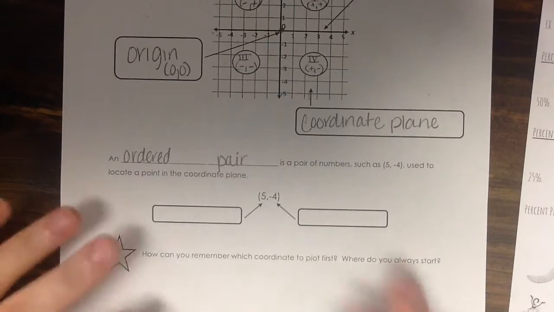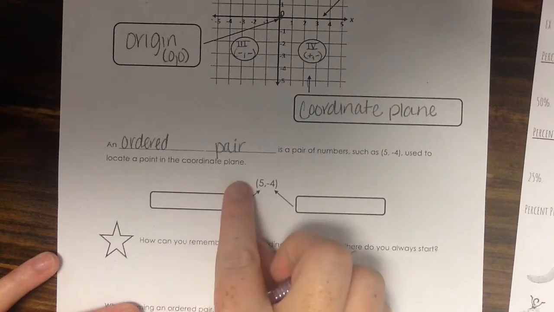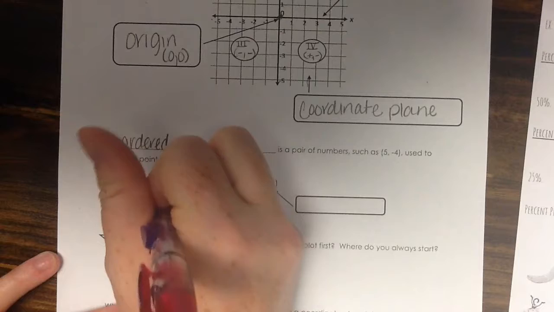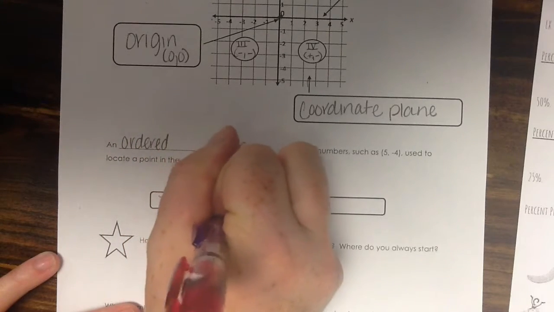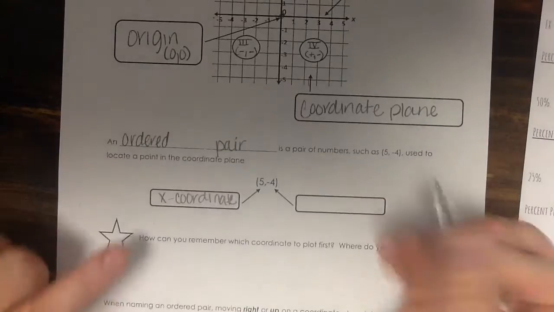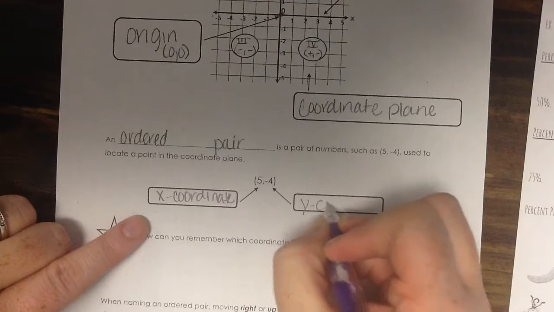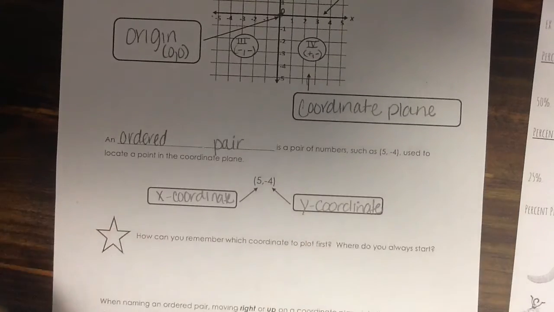It asks us to label. Your first coordinate is always your x coordinate, and your second coordinate is always your y coordinate.